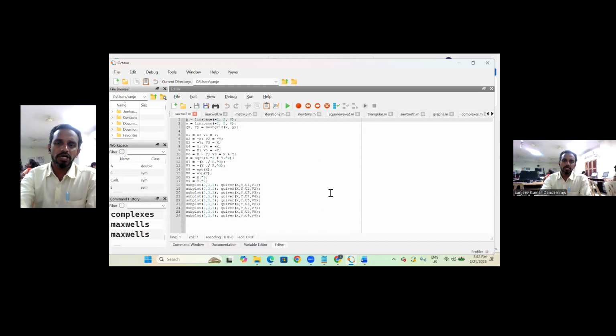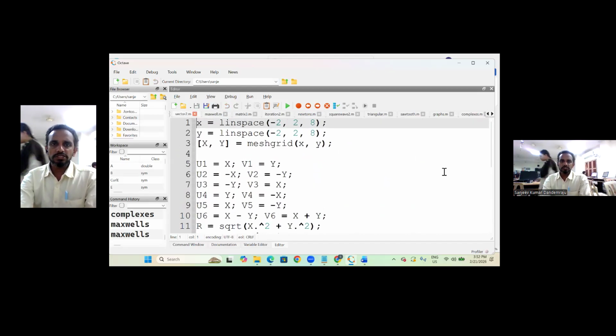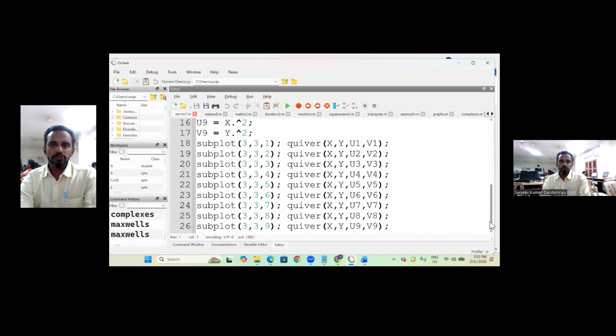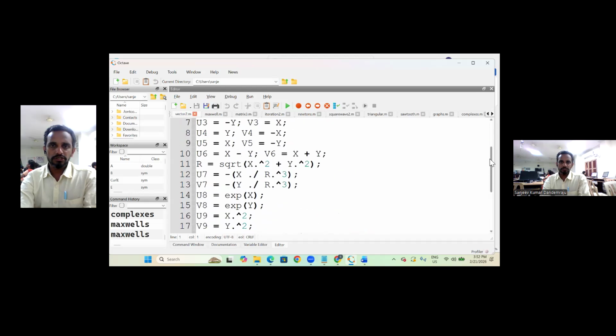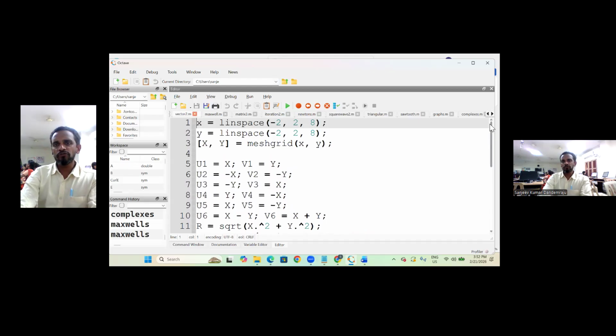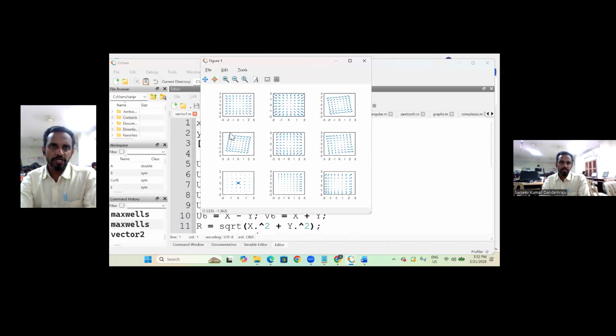Yeah, so these are the various fields, and I'm using quiver with xy as the initial points and u1 v1 as the final points of the quiver. So if I run it, I got this.